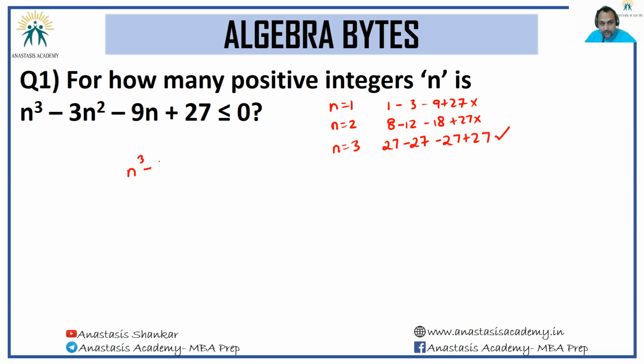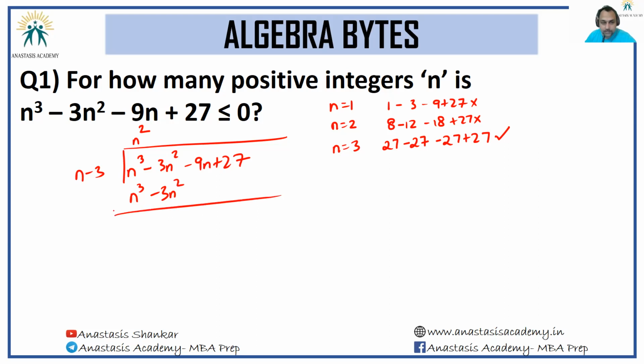So let's divide it now. Minus 9n plus 27 divided by n minus 3. So we get n square first. So n cube minus 3n square, subtract everything. We are left with minus 9n plus 27.